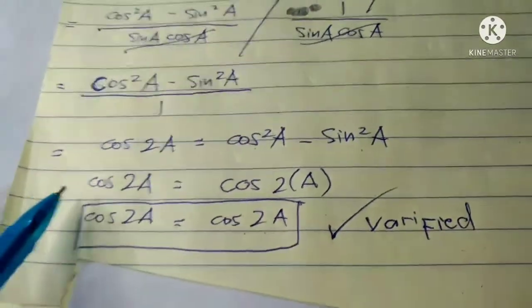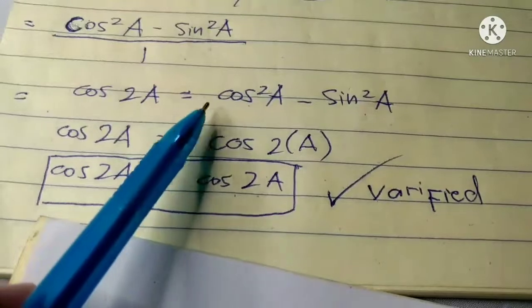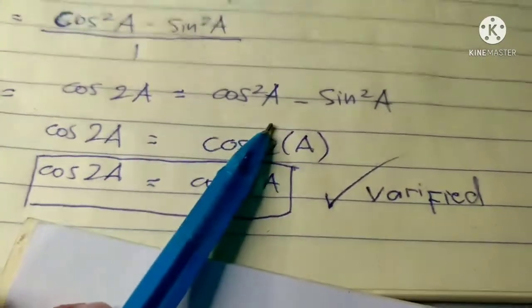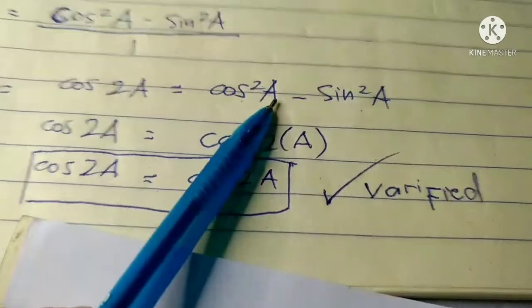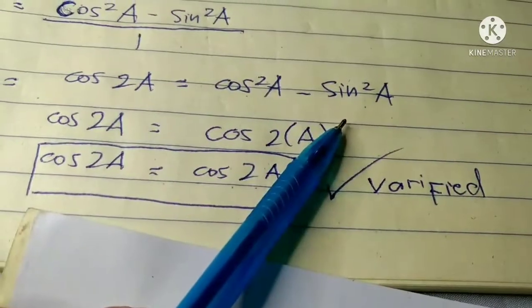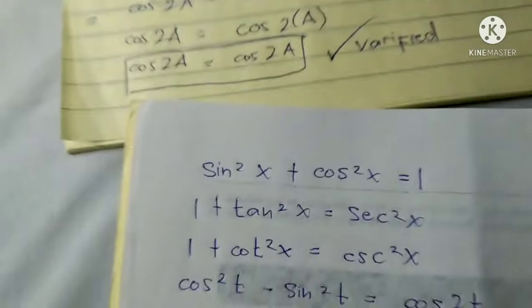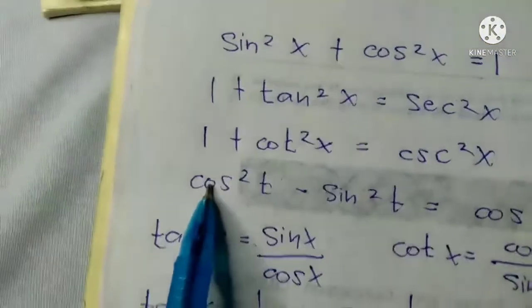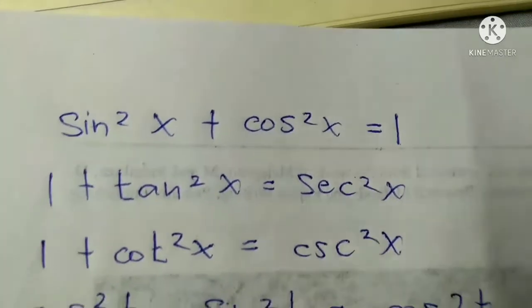Then copy this here. Now we have cosine 2A equals cosine squared A minus sine squared A. So cosine squared A minus sine squared A, we can put it in this form: cosine squared t minus sine squared t is equal to cosine 2t.